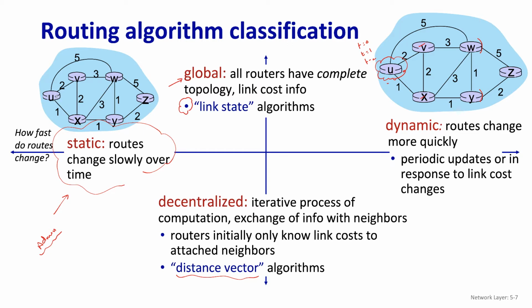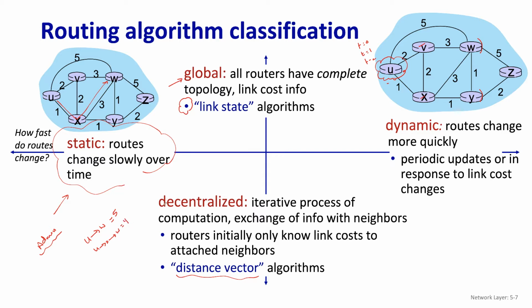For example, from U to W here, we already have a cost of 5, right? But we might have another alternative which might be less. If we go through U, X, and W, it would be 4, right?